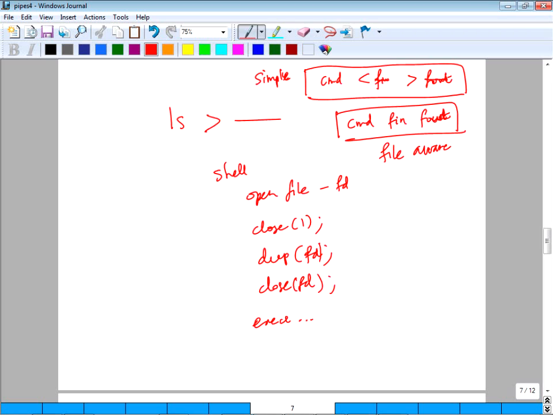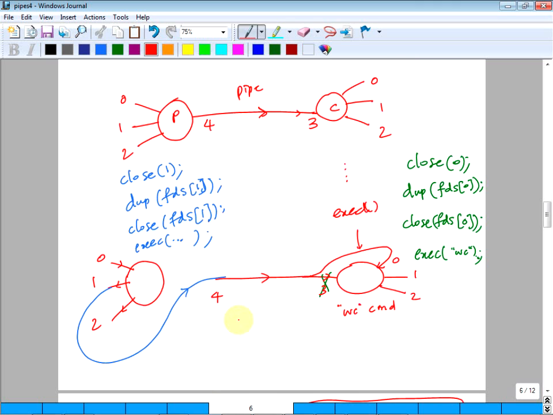So you can see close and dup are not just for pipes. You can use them in other places too, and they are being used in other places too. If you want to execute some other command, that's where all these things are needed, because you have to clean up nicely before you hand off to somebody else.